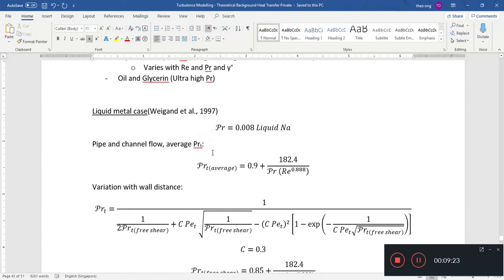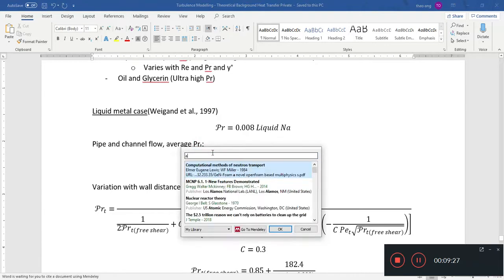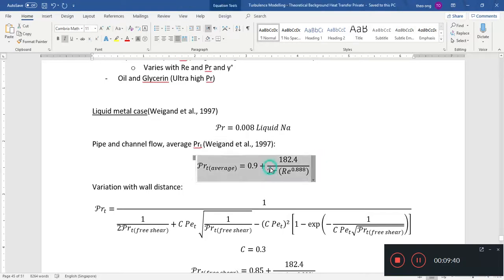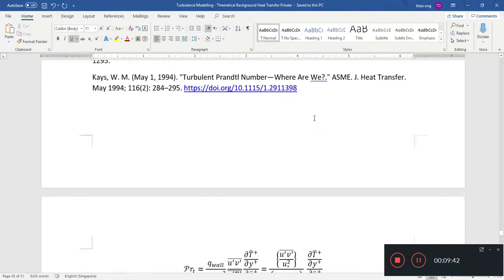this one I think I should cite. This one is from an extended Kays and Crawford model. So did I put it here?